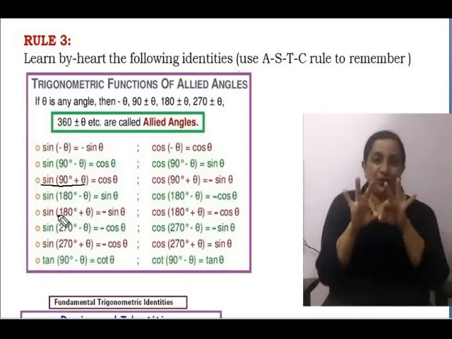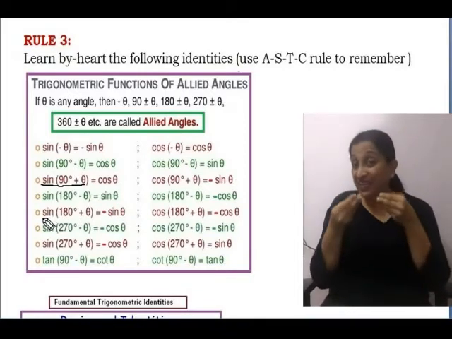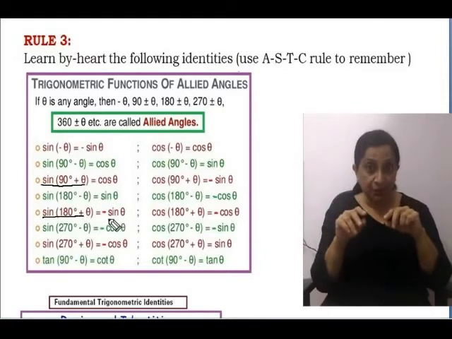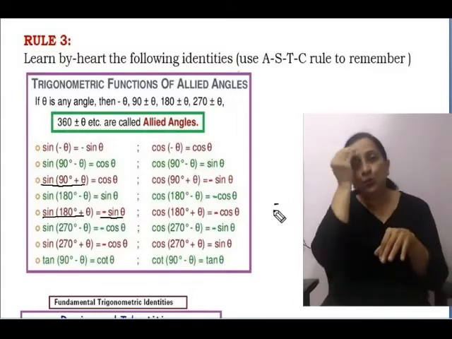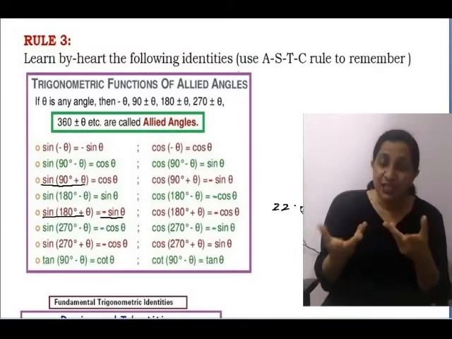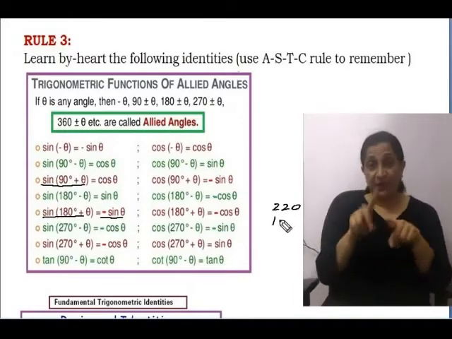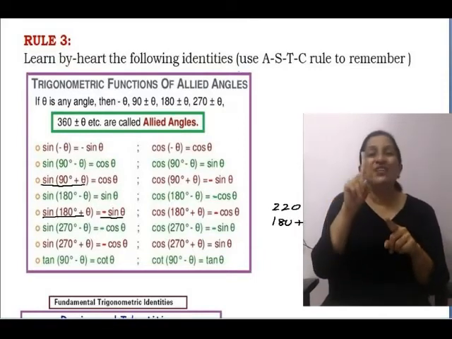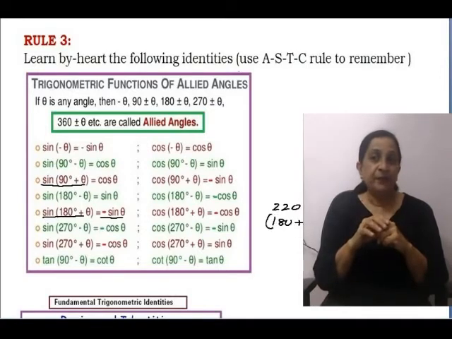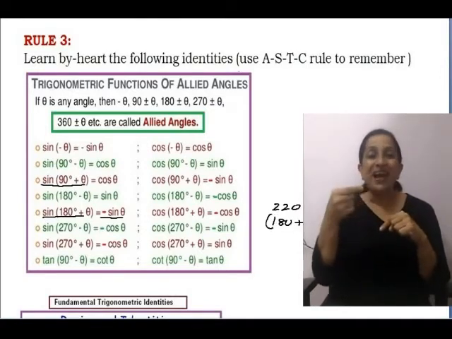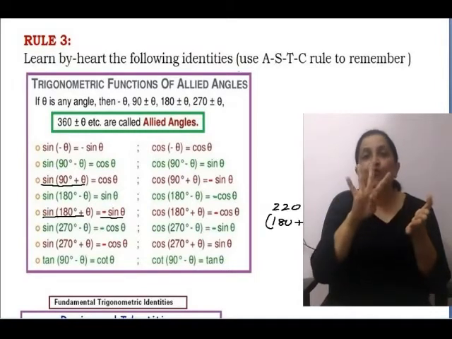Like that. If it is sin 180 plus theta, here it is coming as minus sin. Suppose it is 220 degrees. So you can put it as 180 plus 40 degrees. So this will become minus sin 40.